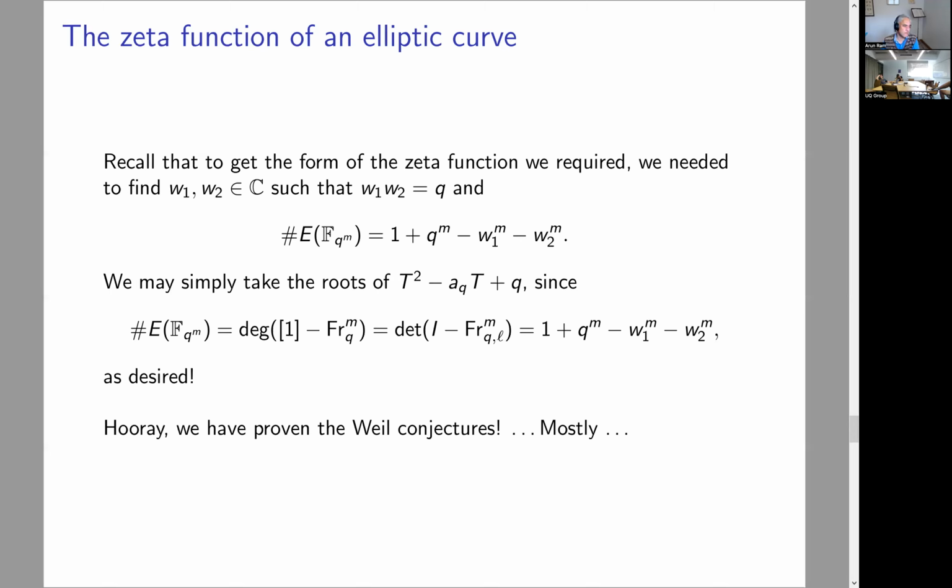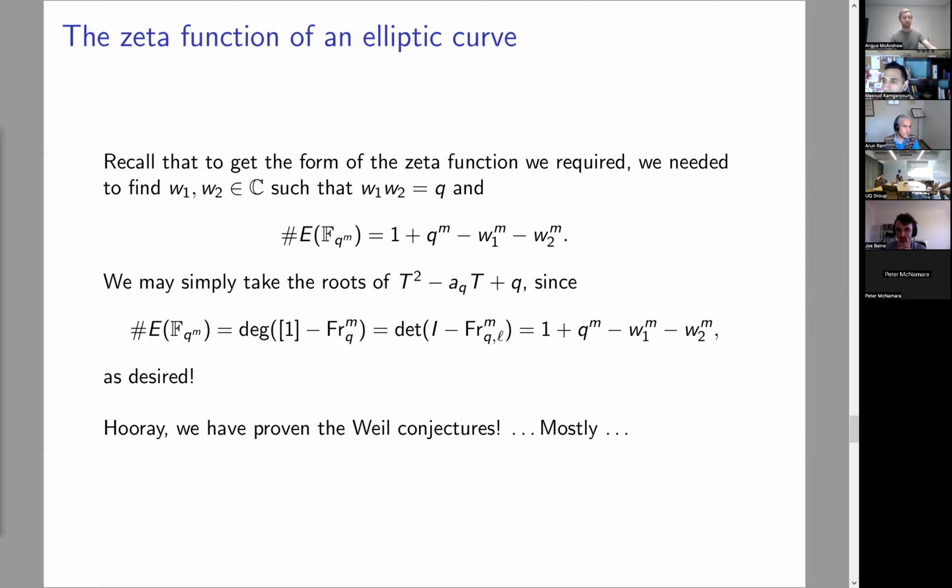So maybe, Angus, it's good to summarize: to prove all parts of the Weil conjectures except the Riemann hypothesis part, all that one needed in the case of elliptic curves was to find the right sort of module on which the Frobenius acts.